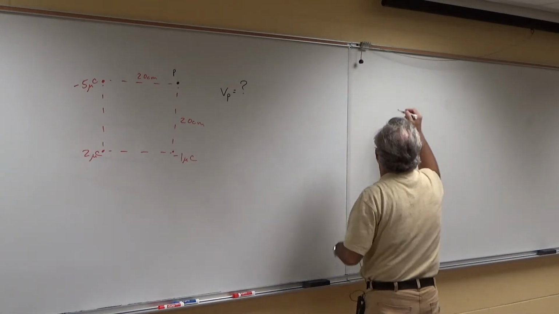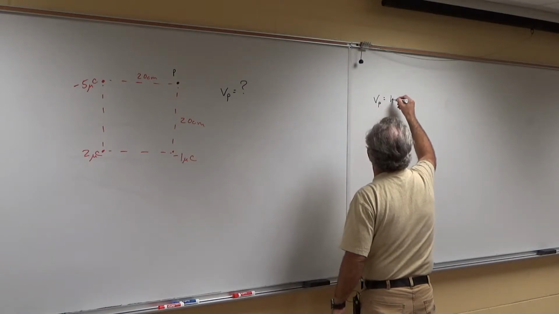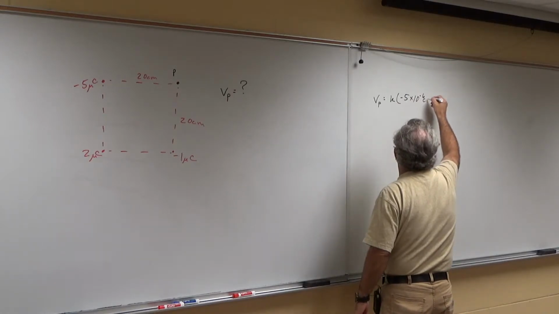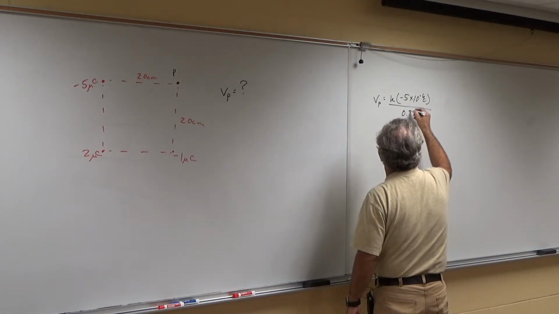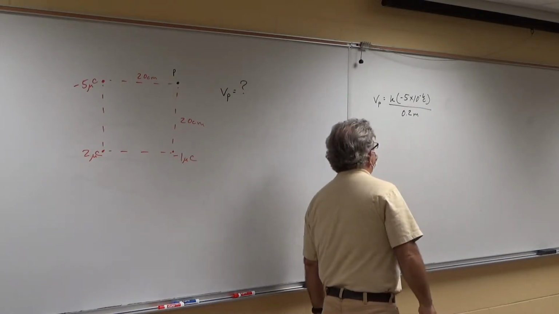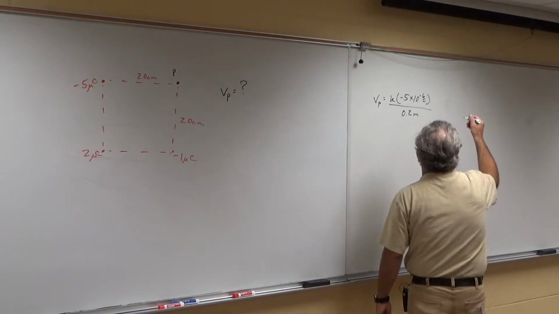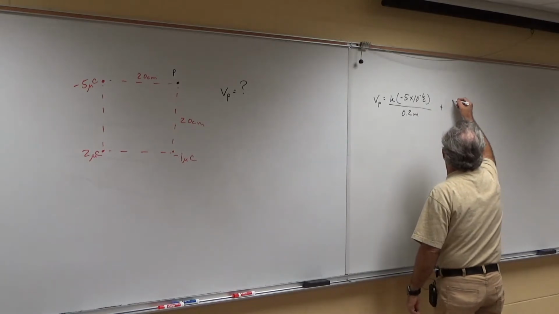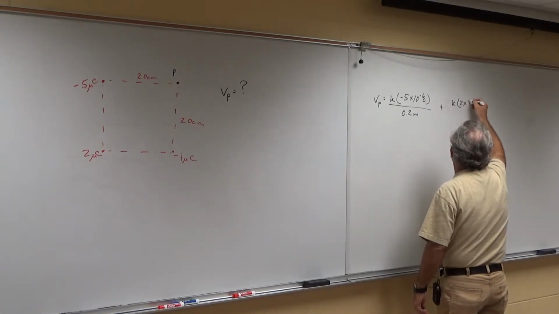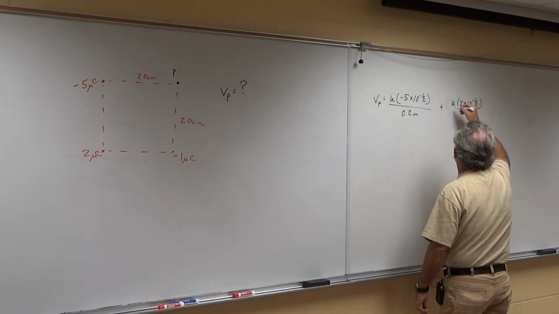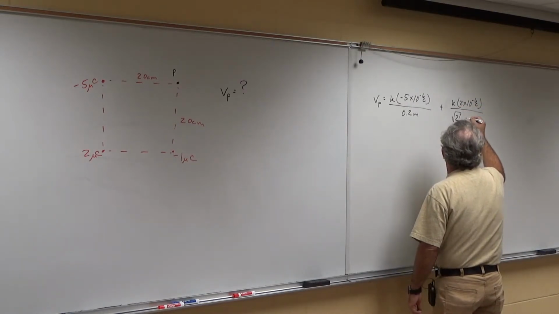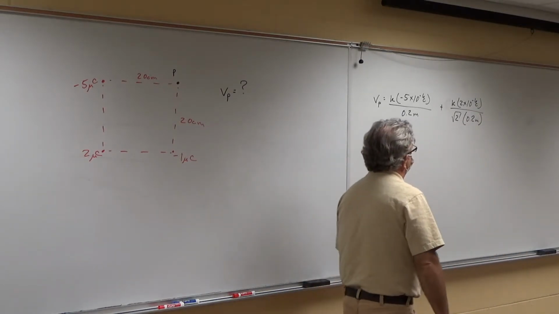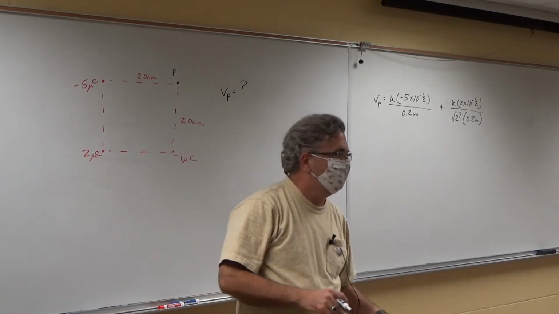First one, V at P is equal to K times -5 times 10 to the -6 coulombs divided by 0.2 meters, 20 centimeters. Plus this one, K times 2 times 10 to the -6 coulombs, and then that's along the diagonal, so that's square root of 2 times 0.2 meters.